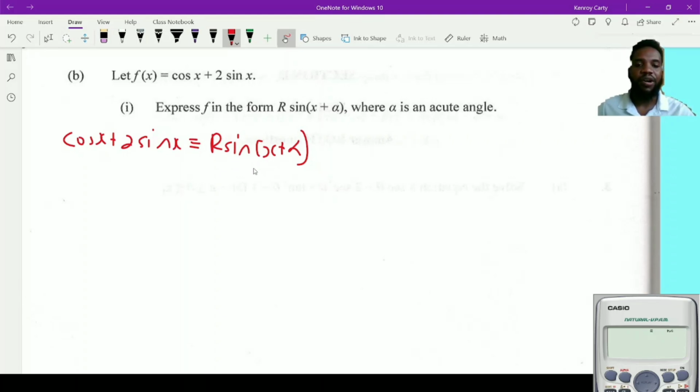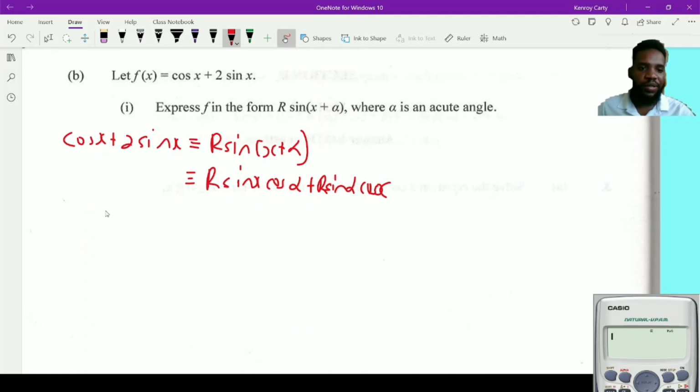So clearly, I'm going to have to apply my compound angle formula on the right here to expand that. So this is going to become r, and when you have sine(x plus alpha), you're going to get sin x cos alpha plus r sin alpha cos x. So you have to know the compound angle formula.